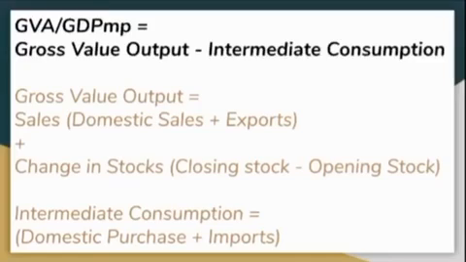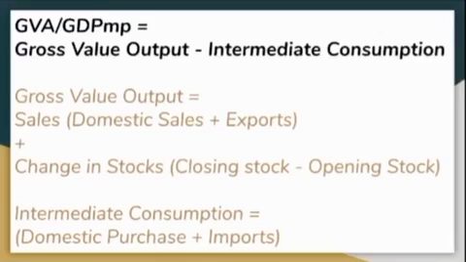As per our formula, we need the GVO, that is gross value output. So what are its components? Let us see. Gross value output is equal to sales plus change in stocks. Now sales will include both the domestic sales as well as all the exports.